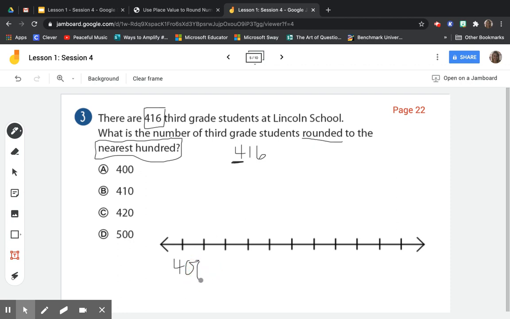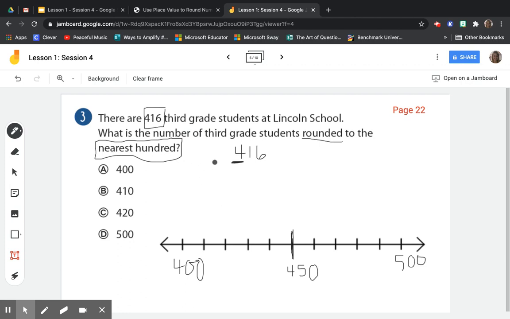And then my next neighbor would be 500. Okay, and just for good practice, I'm going to cut it in half. Halfway would be 450.